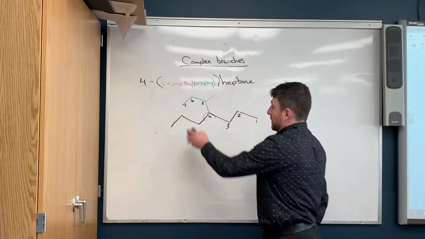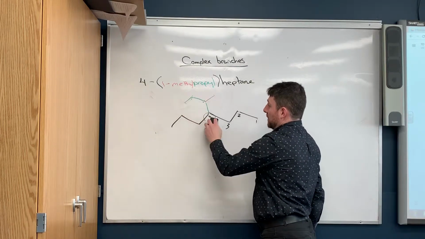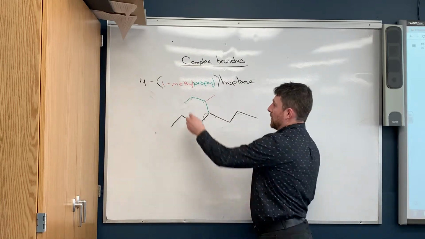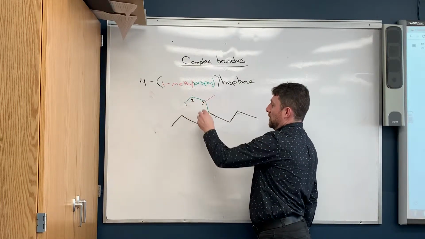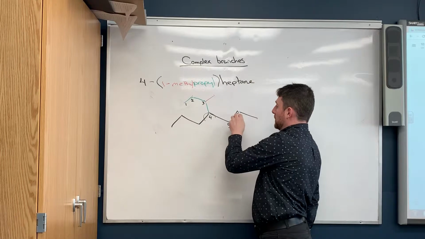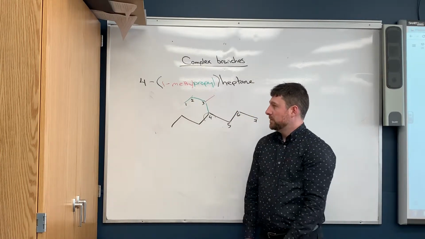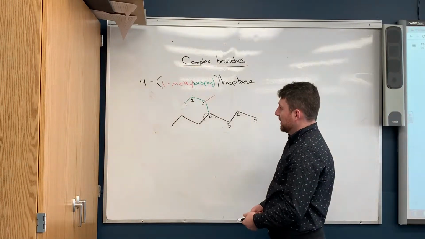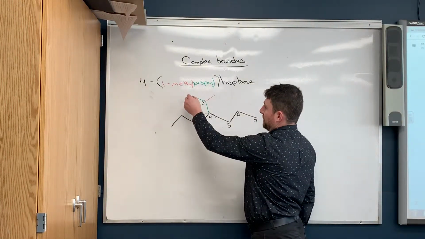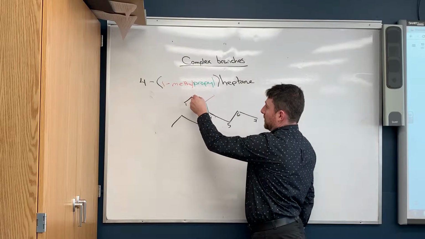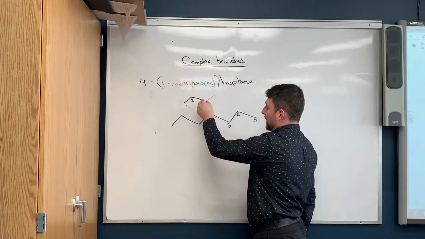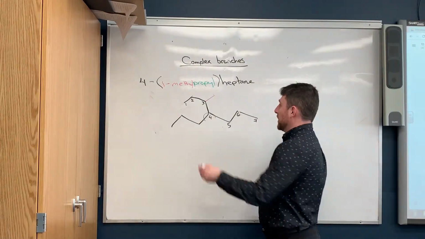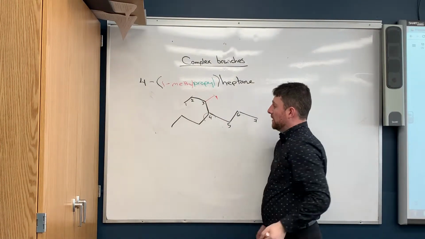So now that we've established that, let's number it the other way, make sure we're using the lowest numbers. 1, 2, 3, 4, 5, 6, 7. Okay. Now, we'll notice that this does, in fact, look different than if we named it the other way than we did before. So let's make that black for our main chain. Right now, we have this 1 carbon red chain sticking off of carbon 3.